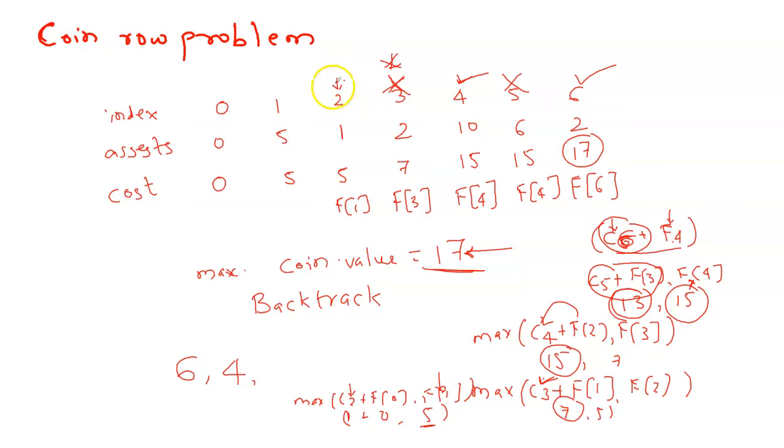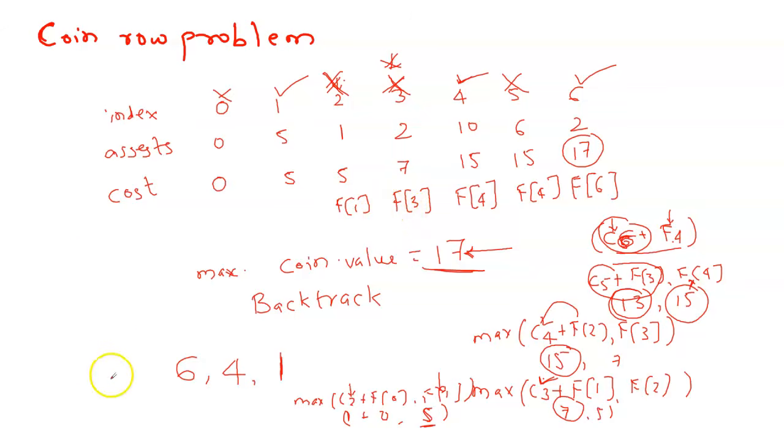That means we should not pick C2. Don't pick it; directly go and pick C1, because we got the maximum value 5 because of C1. So after 6 and 4, we have to pick 1. Once you pick one, there is no chance to pick the 0, because it is adjacent, and 0 means no cost is involved, so that is rejected.